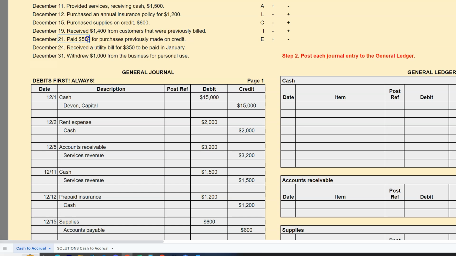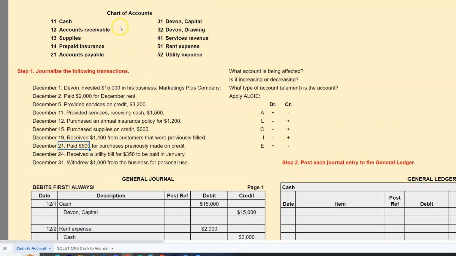Now we are paying off 500 of this. So our accounts payable balance, the balance of what we owe, is decreasing because we are paying it off. Now, accounts payable is a liability. And how do we make a liability go down? We debit.